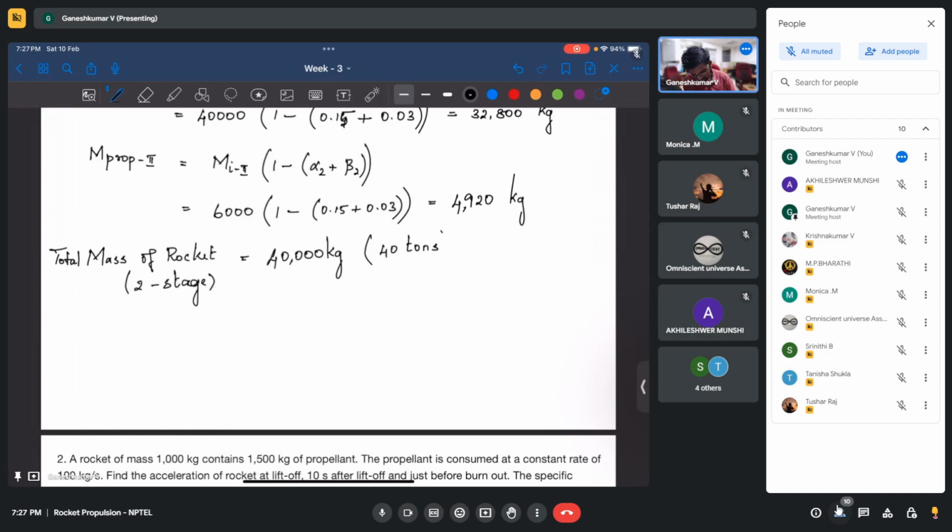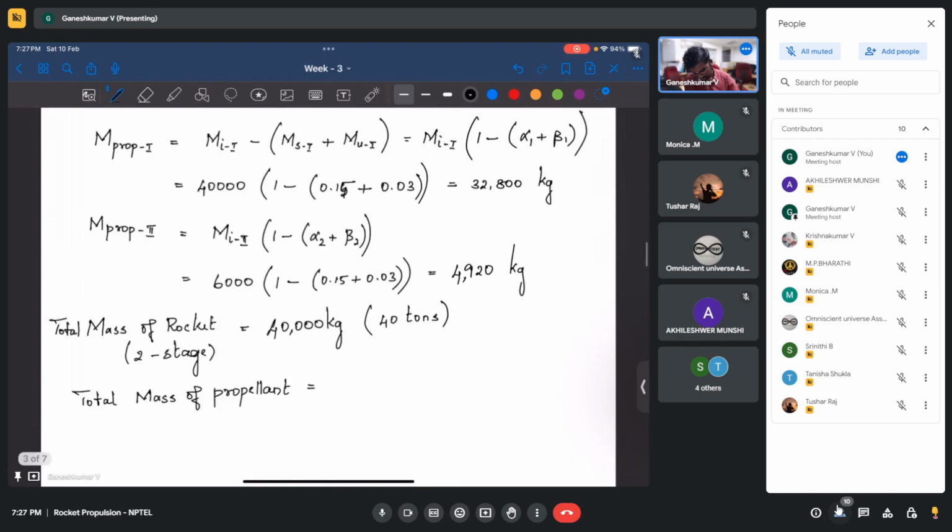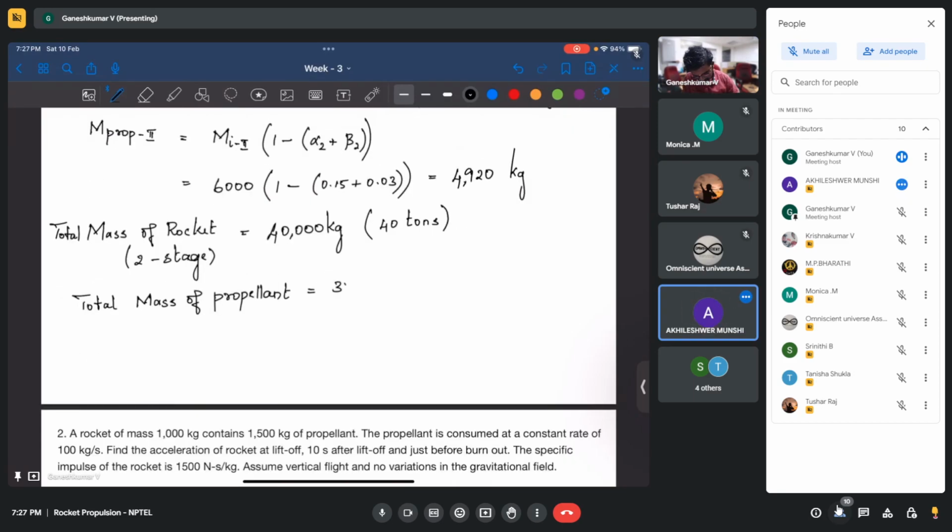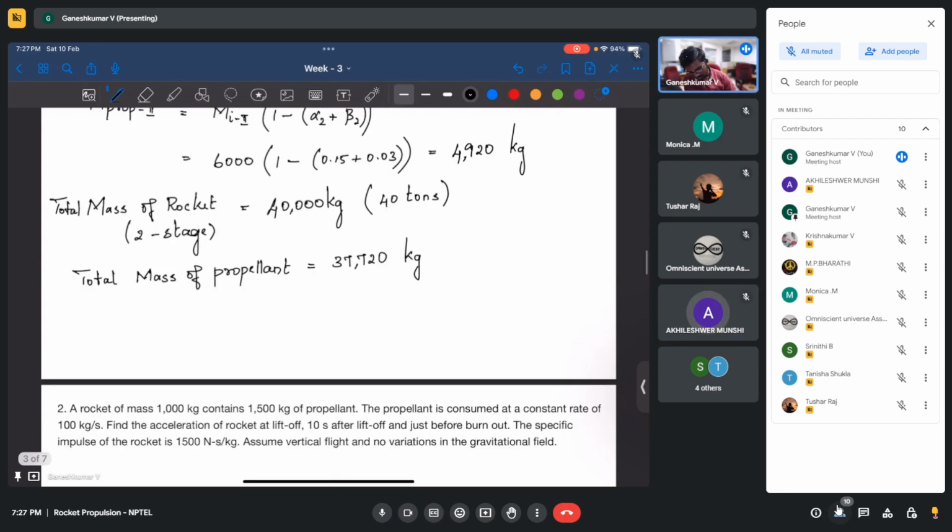And the total mass of propellant required is around 37,720 kgs. Now let's compare both of them.